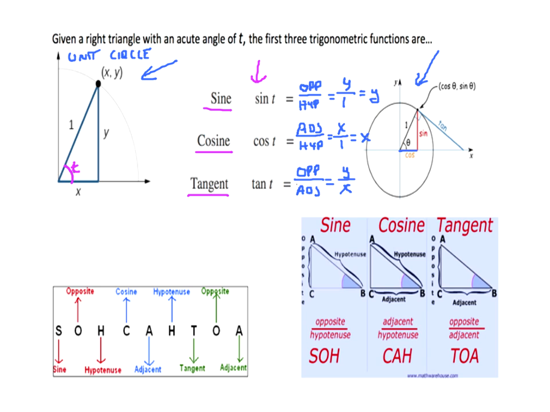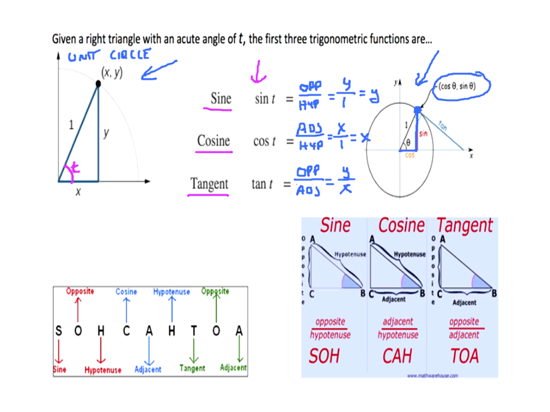And when you're finding the sine, and it's the sine of theta, by the way, you're finding the length of the vertical side or the opposite side. So the coordinates of that point that lie on the circle are cosine theta, sine theta.